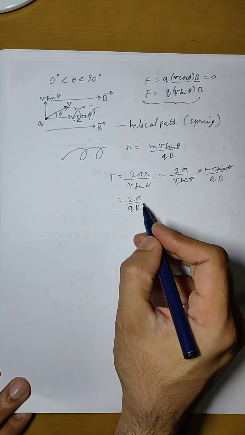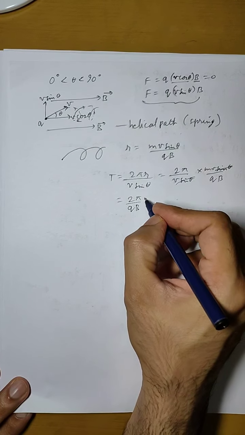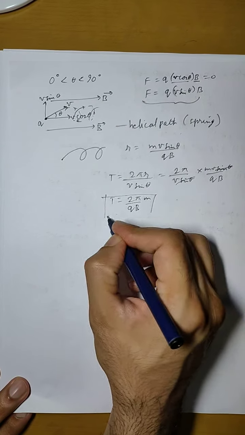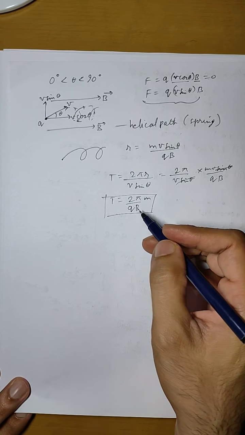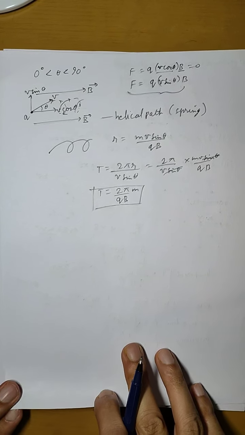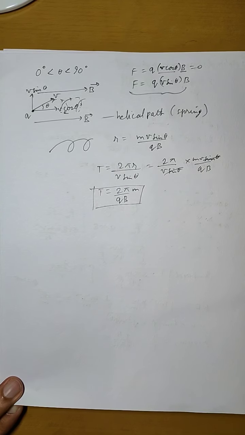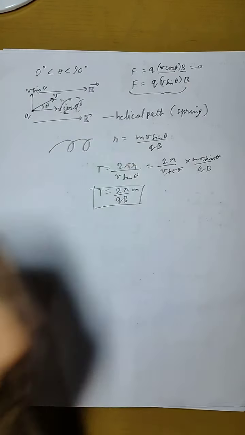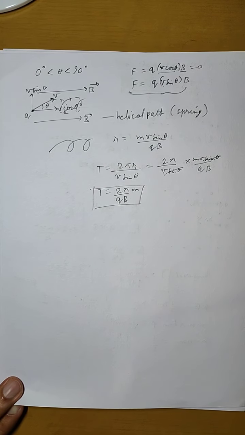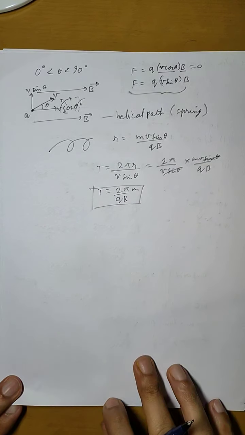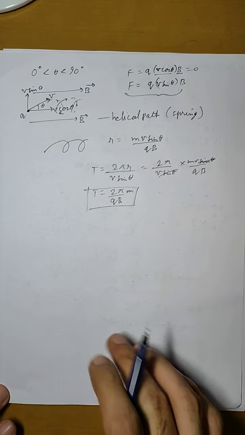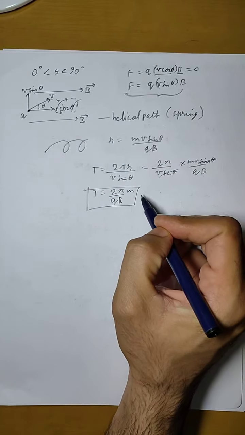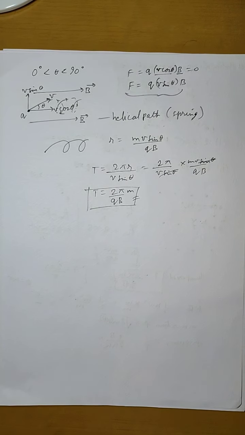So again you can see there is no velocity component here. So again the time period will not be affected by the velocity, whether the velocity is in this direction or this direction. So this is an important result here. We are going to use this result in our next topic of cyclotron.